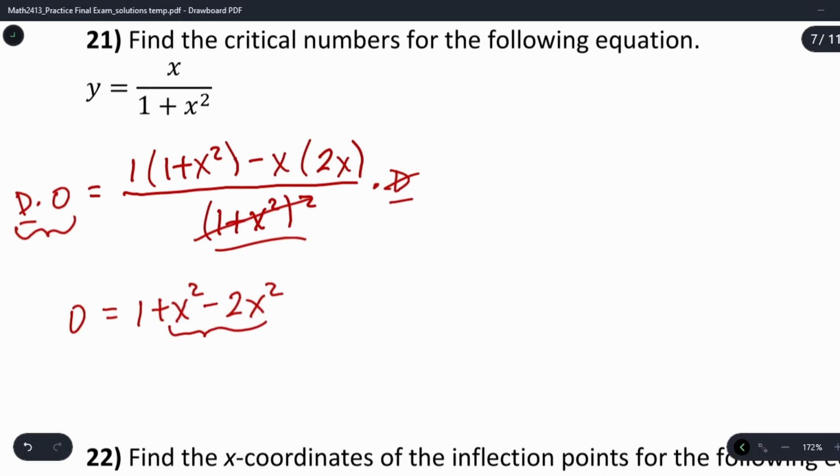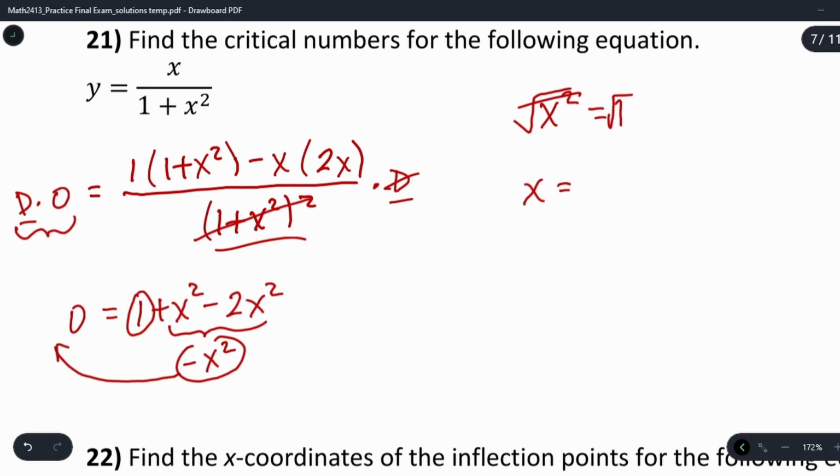Combining like terms is going to give us a negative x squared. And then if I move that to the other side, we're going to get x squared equals 1. Taking the square root of both sides, we can see that our critical points are plus and minus 1. And that's it for this problem.